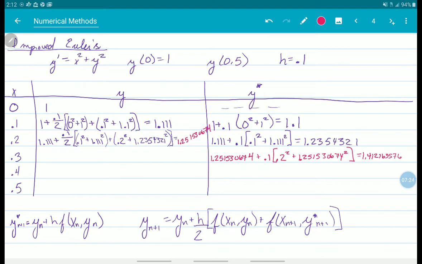So then this y value would be the last y plus the step size times the last x squared plus the last y squared, plus the current x squared plus the current y star squared.